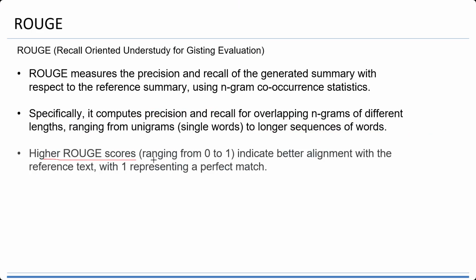The higher ROUGE score, which is from 0 until 1, if it is nearby 1, it indicates better alignment with the reference text. If it is 1, it means that it is a perfect match, or we can say 1 equals 100%. So the metric shows it is a good performance.